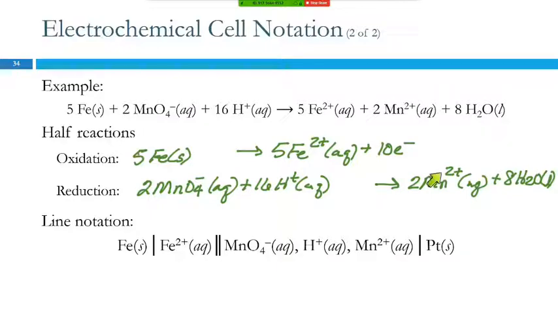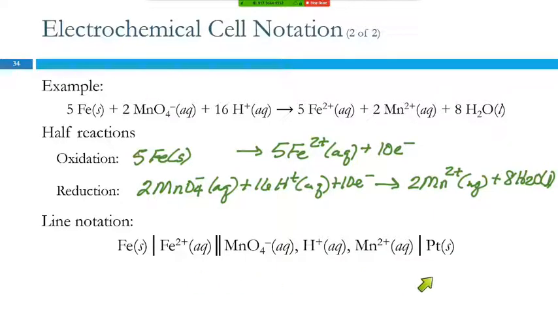For charge balance, I've got positive 4 over here, and I have 16 minus 2 is 14 over there, and so I need 10 electrons here to get the charge the same on both sides. The number of electrons lost in the oxidation has to equal the number gained in the reduction.